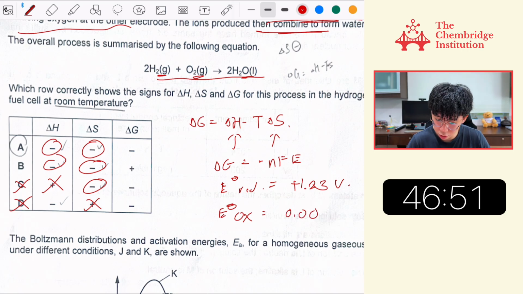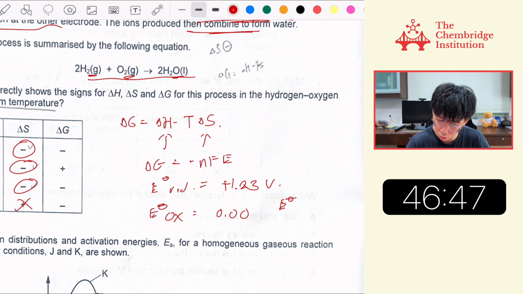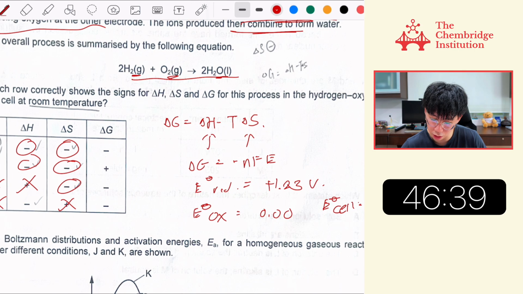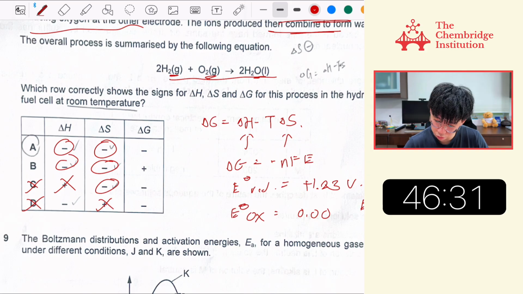If it's reduction minus oxidation, then my E naught cell equals plus 1.23 V. Because of that, with negative nFE, my delta G has to be negative. If you plug this in here, delta G is negative, so it has to be A. There you go. Okay, next.